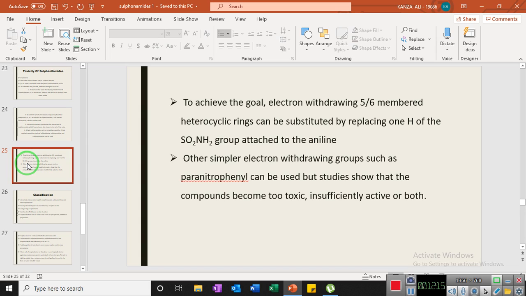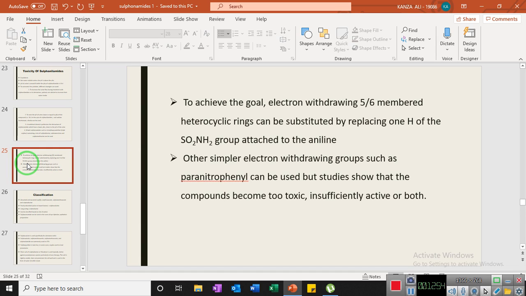One example is para-nitrophenyl, but we have observed that by introducing such types of groups, the compound becomes toxic or insufficiently active, or both. What does it mean? Insufficiently active as well as too toxic to be used as a medicine.